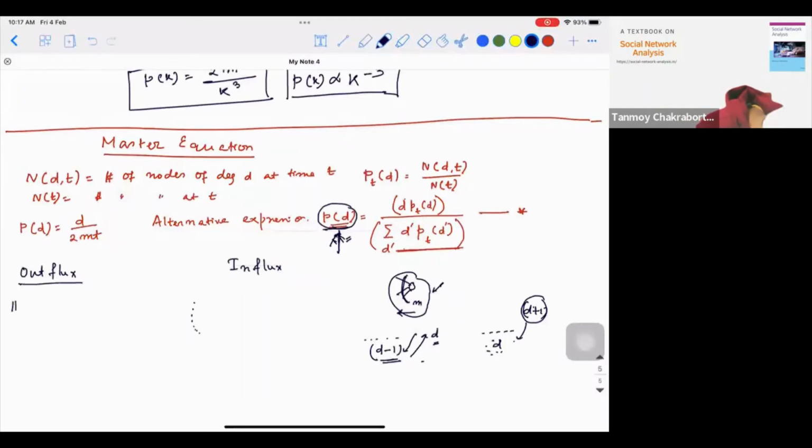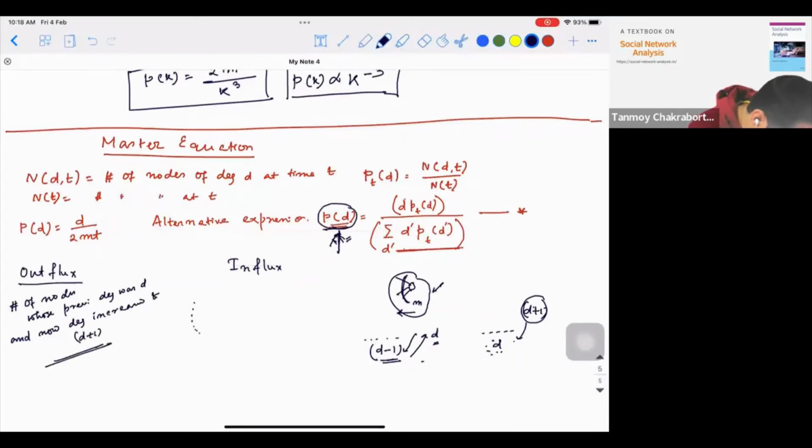So the number of nodes whose previous degree was d, and now the degree increases to d plus 1. So when you compute PD, we should not consider these nodes.